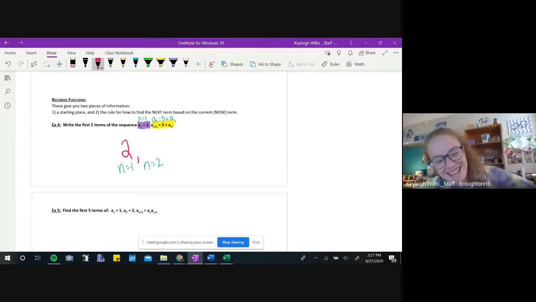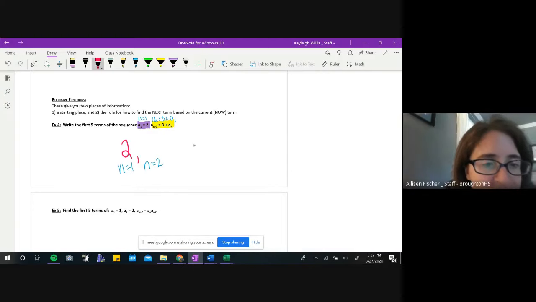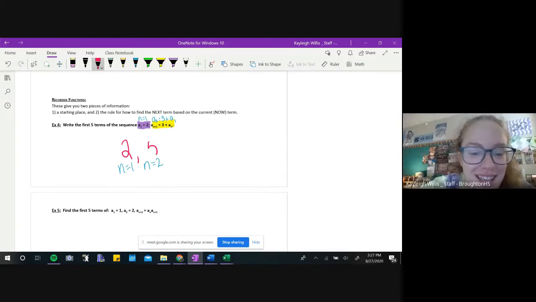So to get that second term, I do 3 plus 2 and I get 5. Yes. And then to get to the third term, it would be kind of the same thing. I would be doing a3. So that would be 2 plus 1 now because my n value is 2. Because this little n right here, n plus 1, we know equals 3.